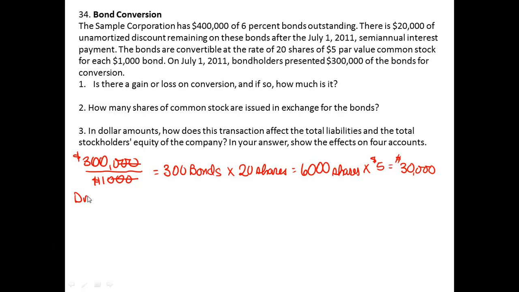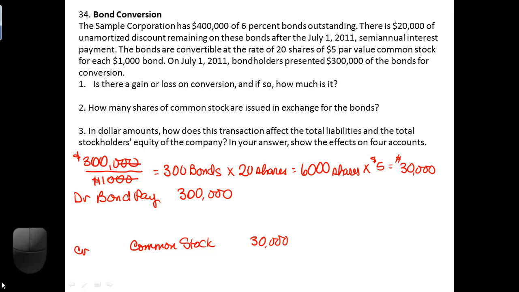So let's see how we convert. The first thing we know, we're going to debit bonds payable because the 300,000 in bonds is being turned in, and common stock is going to be offered instead. The second thing we have to do is, if there's any discount or premium, we need to eliminate its proportionate share.